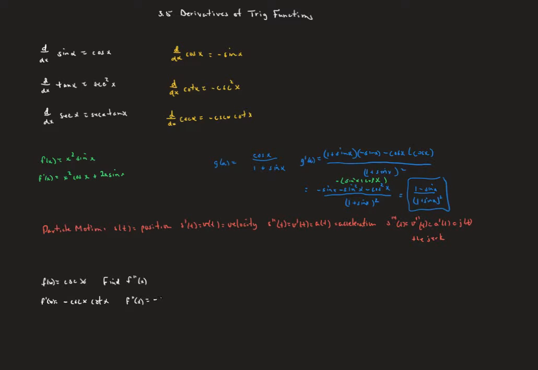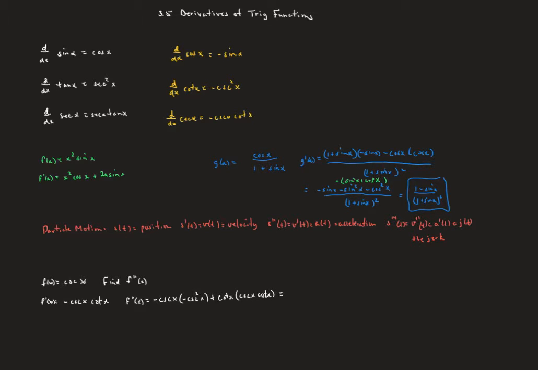So we'll take the first, the negative cosecant x, times the derivative of cotangent, which is a negative cosecant squared, plus the second, the cotangent x, times the derivative of a negative cosecant, and the derivative of cosecant is negative cosecant cotangent, so the negative will make that be a positive cosecant x cotangent x.